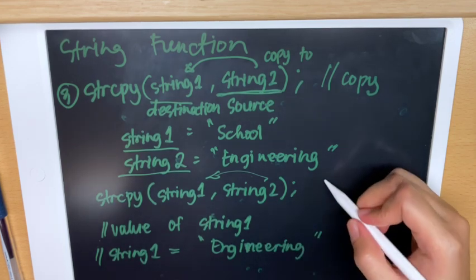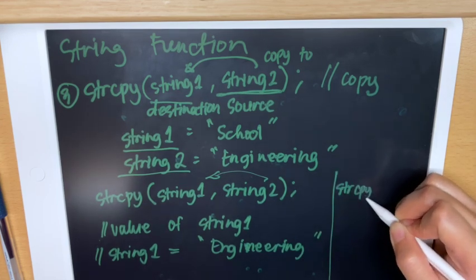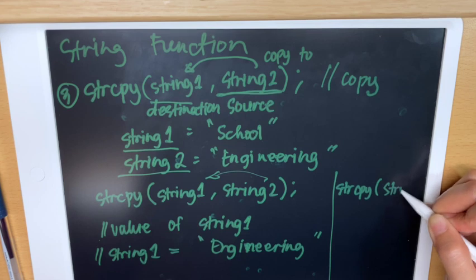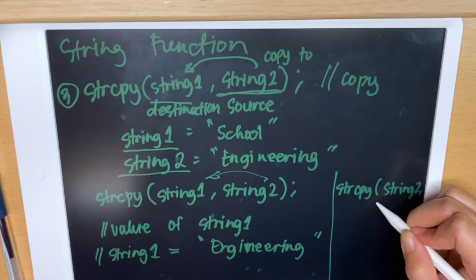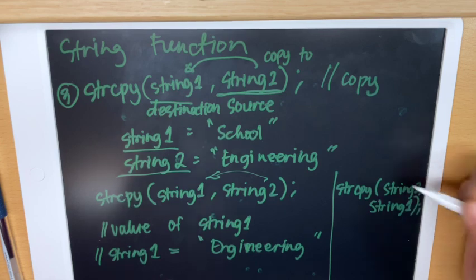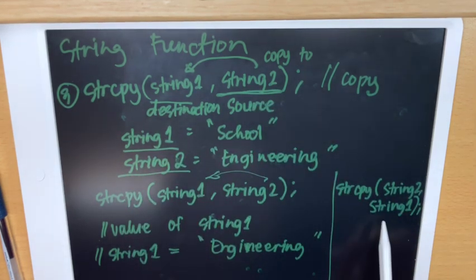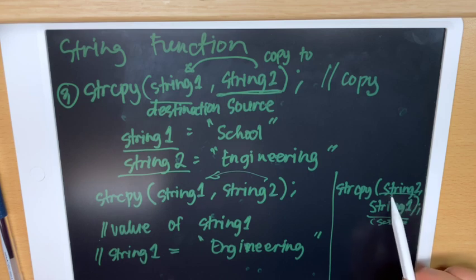So what happens if you do it the other way? Let's just say you string copy string 2, then string 1. The original string 1 is school and string 2 is engineering. So if you copy string 1, this is the source and this is the destination.